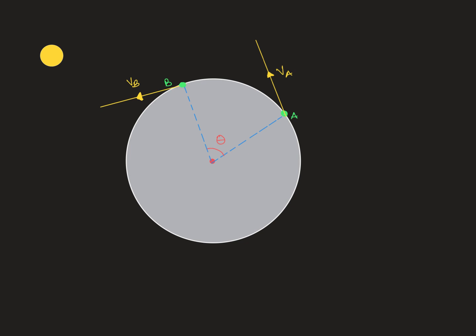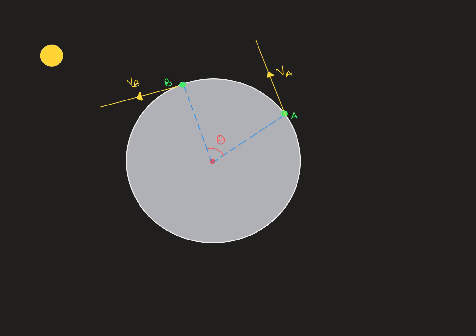I would like you to note that the magnitudes of the velocity at these two different positions are the same. Okay? The velocity for the body at position A is the same as the velocity of the body at position B.